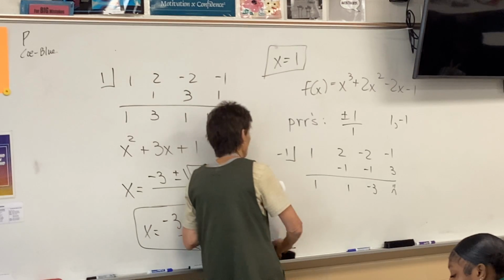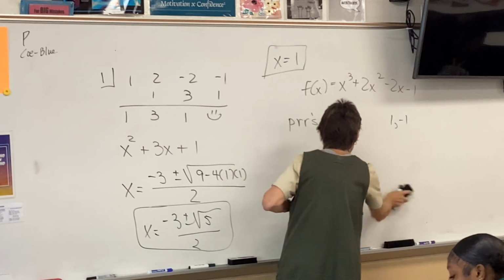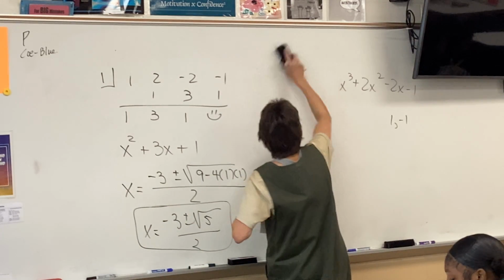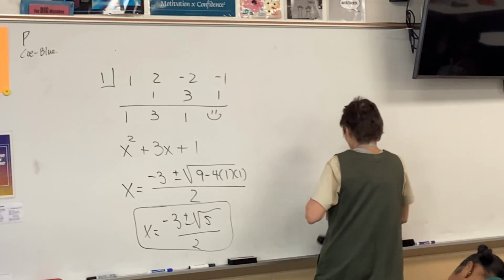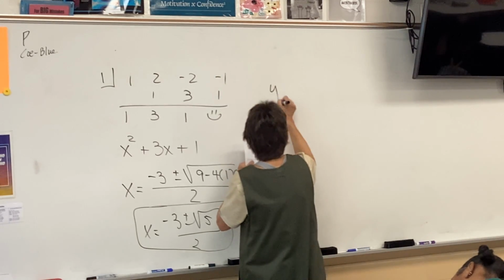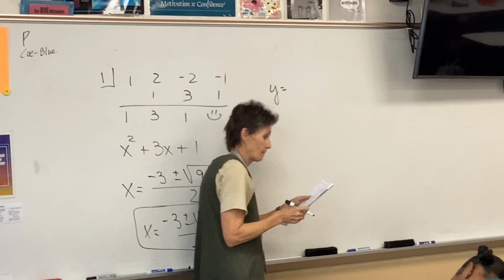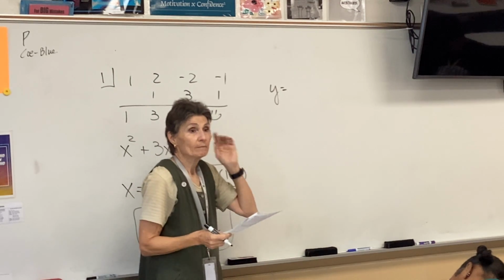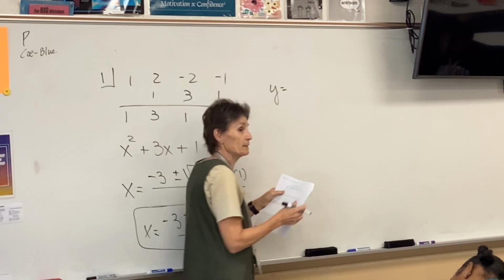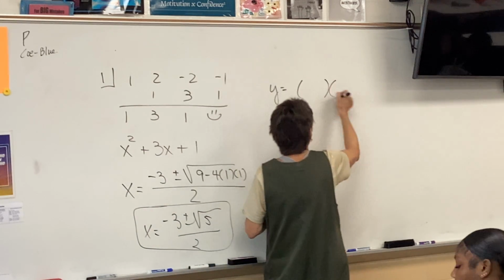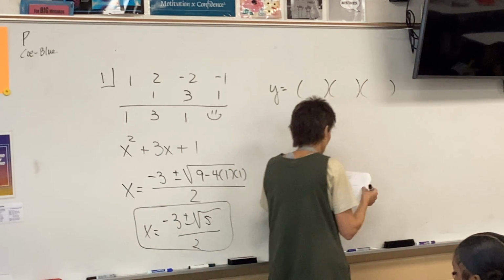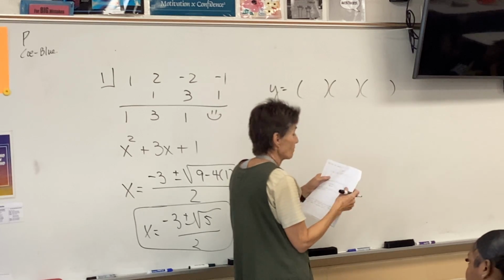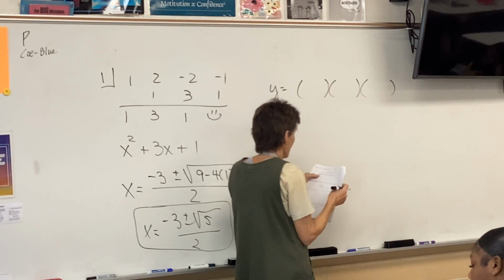All right, number 10, write the equation. All right, how do I start? What? I gotta put down my parentheses. These are my factors. I see 3 dots, 1, 2, 3, so I'm gonna have 3 factors.